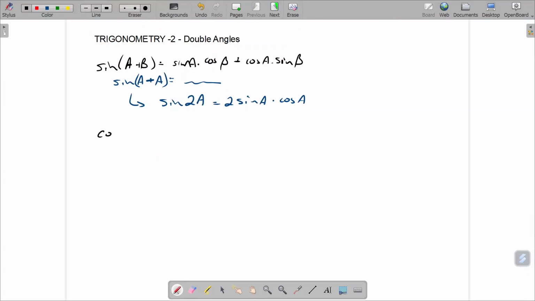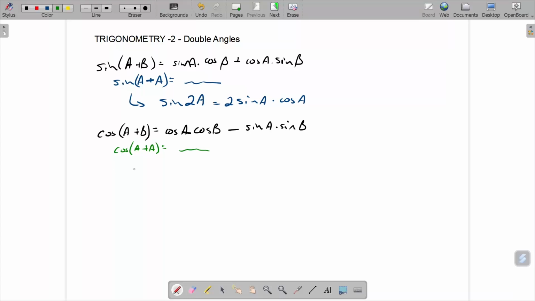If I look at cos of A plus B, which is equal to cos A cos B minus sine A sine B, and I now looked at what would happen if I looked at cos of A plus A, and I left you to play around with that.